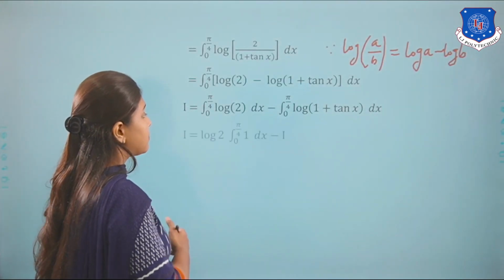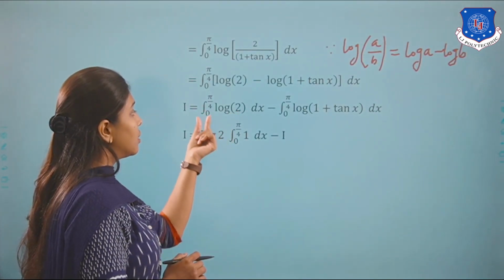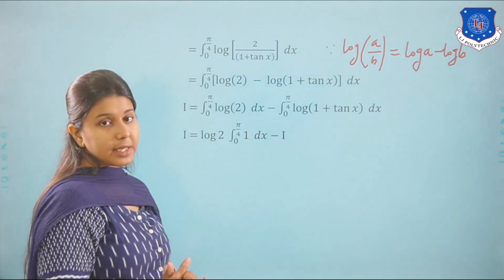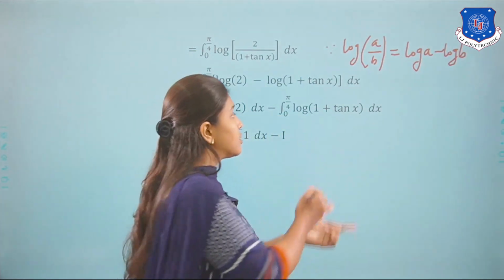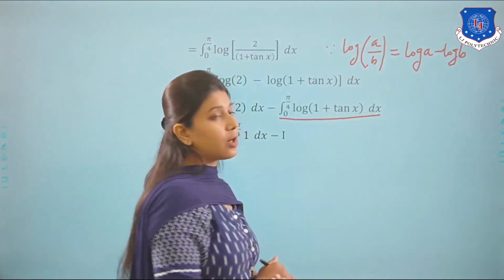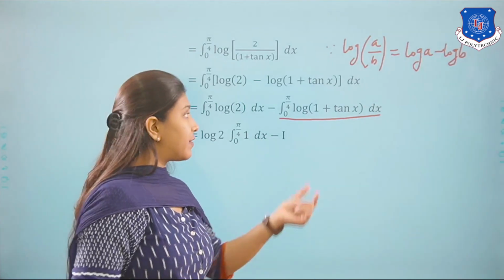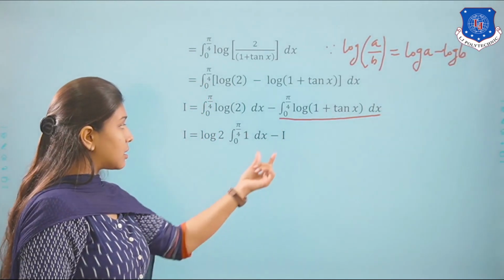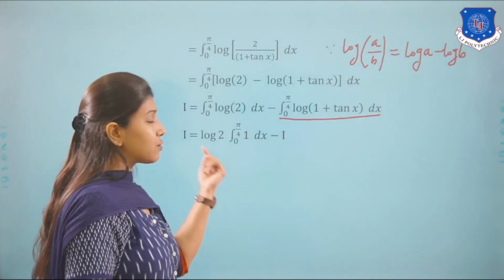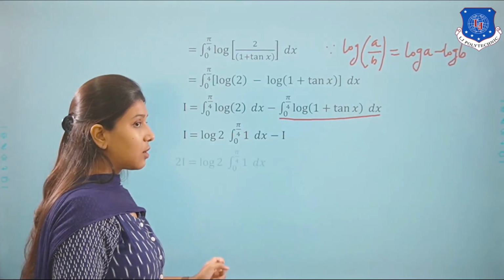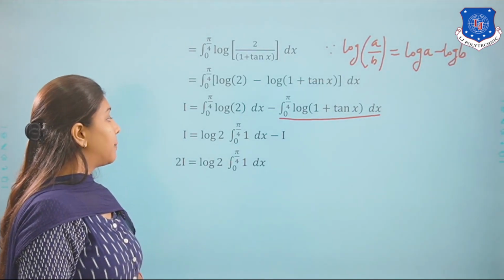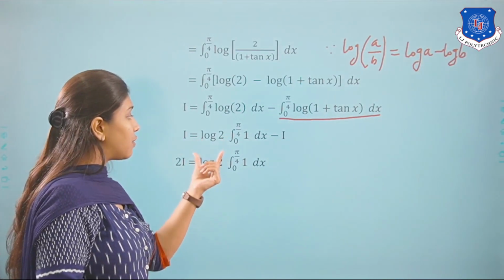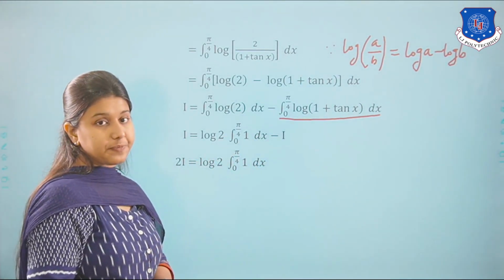So we have log 2 and integration of 0 to pi by 4 1 dx minus this whole term is nothing but your question. So we can write it as I, right? Now in next term this minus I goes to the left hand side. So I minus I should be plus I. So we have 2I and integration of log 2 as it is.